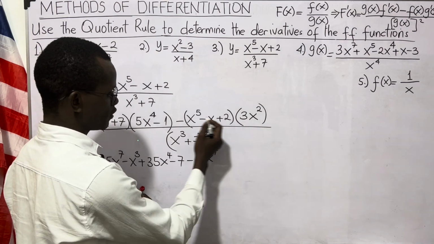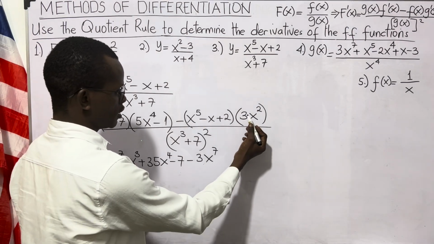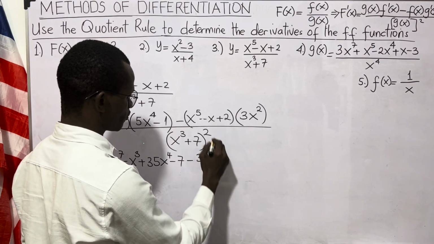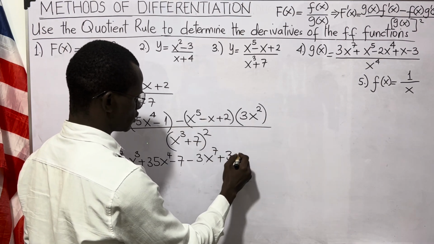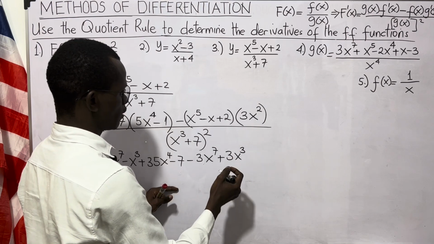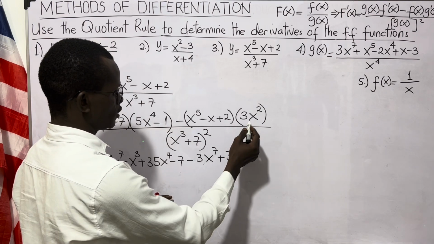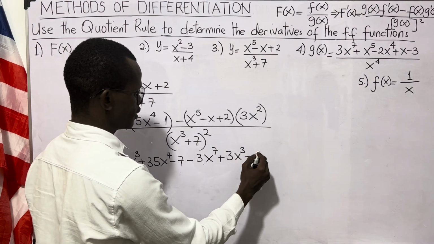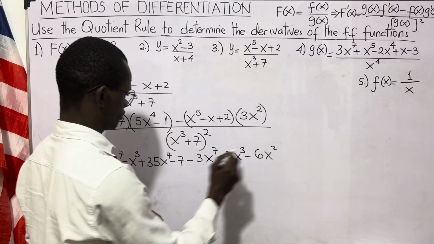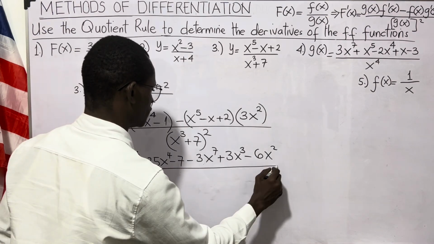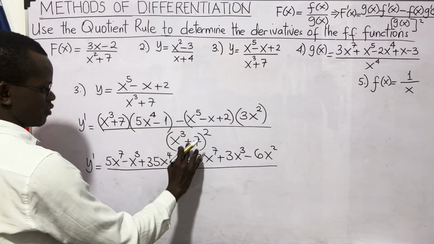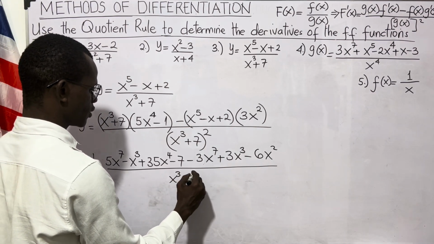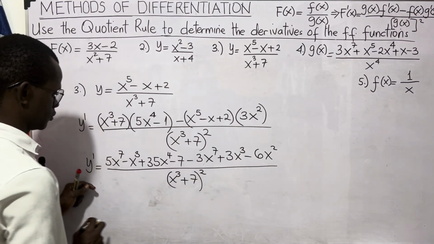When we multiply like variables, we add their powers. 3x squared times x, negative times negative is positive. So this gives us 3x to the 3rd. And then 3x squared times 2, positive times negative is negative. This is 6x squared. Divided by, now don't expand this because it's already in a simplified form. So it's x cubed plus 7 all raised to the second power.